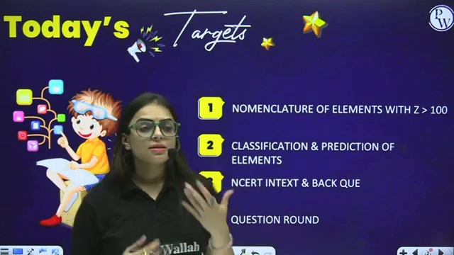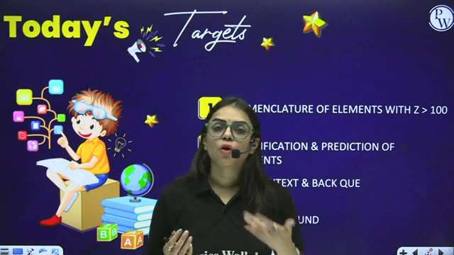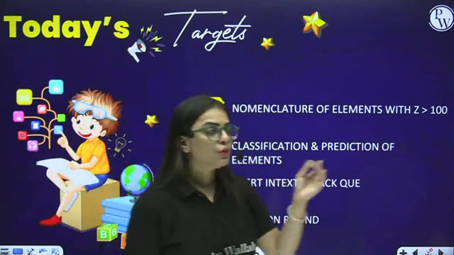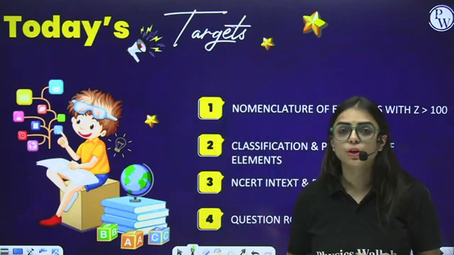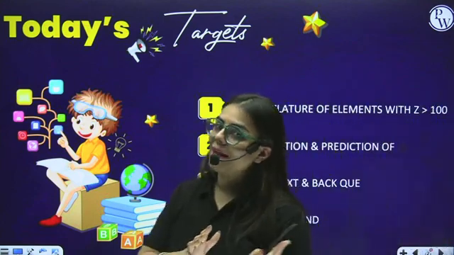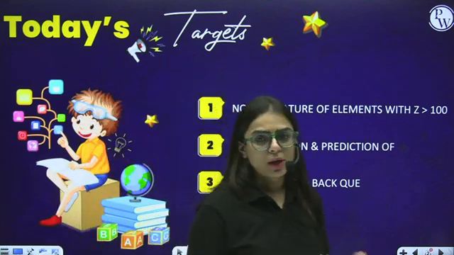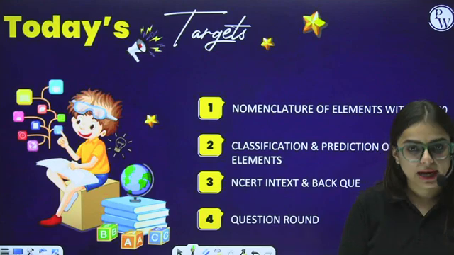But there are some questions, for example, if I ask you to write the name for the atomic number 114 element, we are going to solve such kinds of questions, or any numerical kind of question, whether it is of NCERT in-text or NCERT back exercise. But not the theory-based ones, because I know you can do those on your own with the help of the notes that we are creating here.